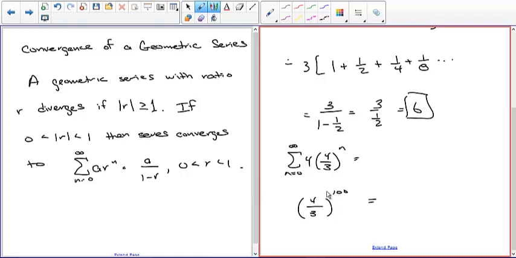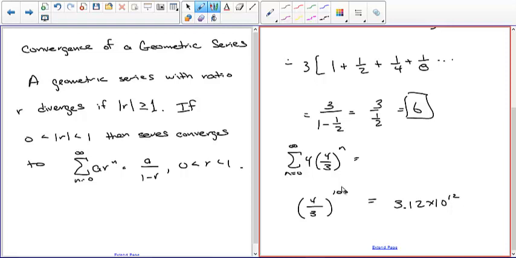Even 4/3 to the 100th power is 3.12 times 10 to the 12th. I don't have to go anywhere near infinity; even the 100th term of this series is going to be huge. And the 101st term is going to be even bigger.